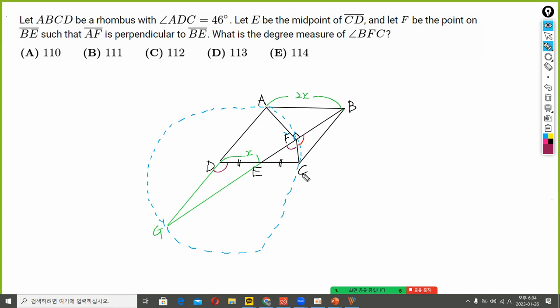And then, because from the problem, the angle ACD is 46 degrees, the central angle is supplementary to 46. So the central angle is 134 degrees. And the inscribed angle is half of the central angle. That means the inscribed angle is half of 134. What is half of 134?